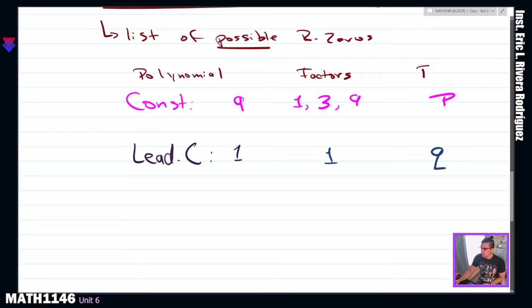Okay, representation. Now we are going to create a list of p and q. Okay, p is representing any factor of the constant value, and q is any factor of the leading coefficient.